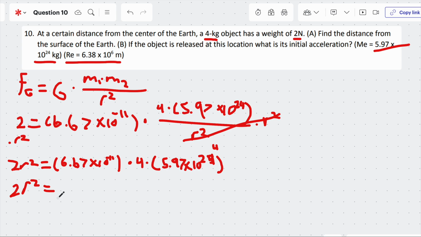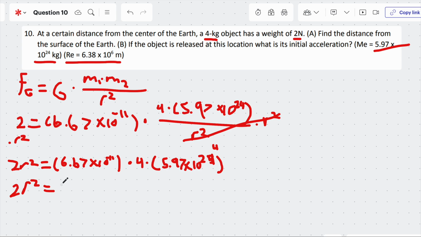So 6.67 times 10 to the negative 11th times 4 times 5.97 times 10 to the 24th. Sweet.